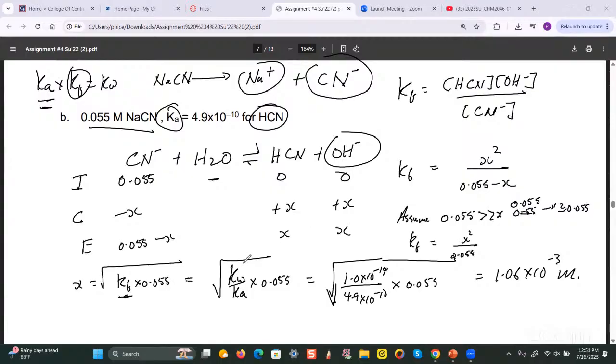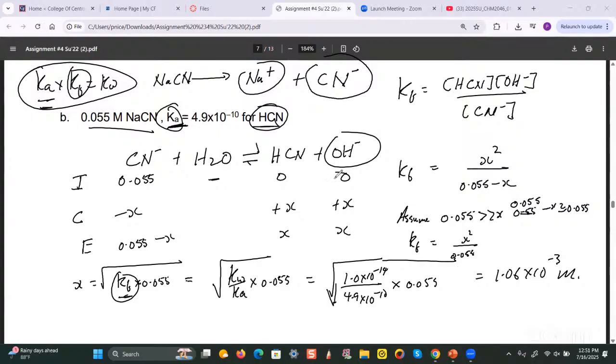So that is x. Okay, so please note, if you're not given a Kb, and this is usually the case when you're dealing with salts, if you're not given a Kb for the conjugate base, you can use the Ka for the corresponding acid to determine Kb by using this equation right here, right?